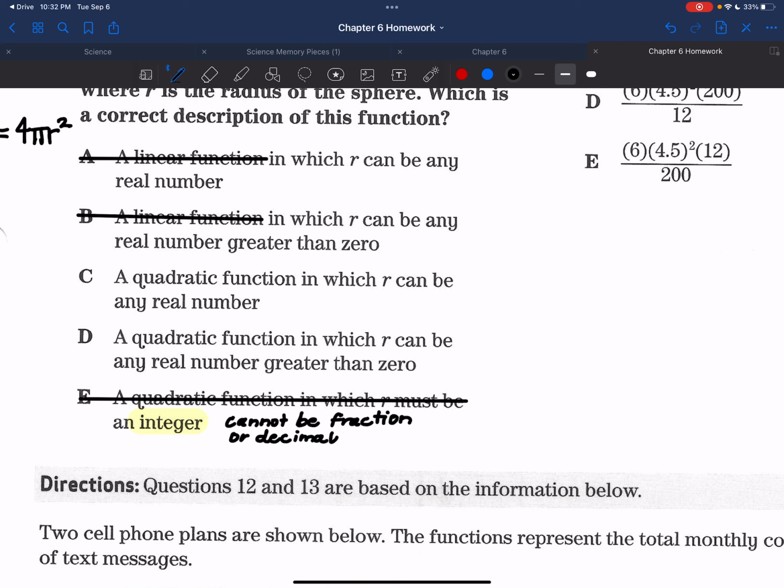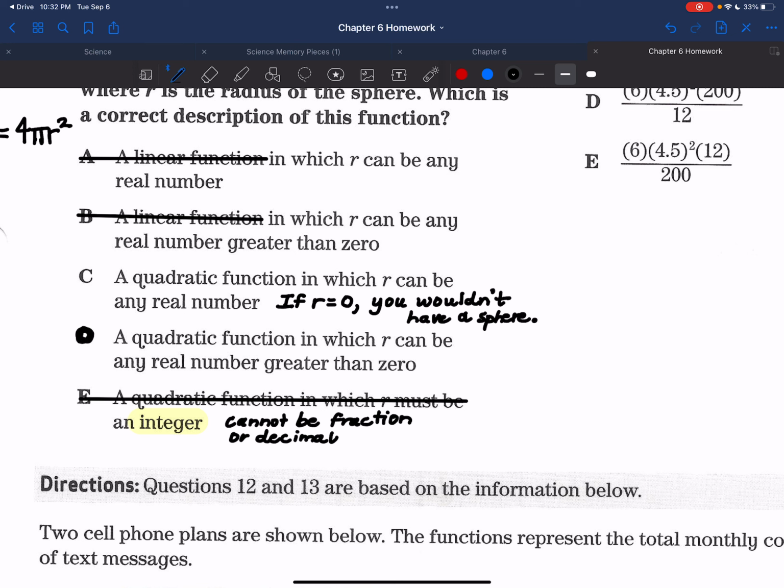If r is 0, you wouldn't have a sphere. There would be nothing there because there would be no radius. So we need something that is larger than 0. D is the answer.